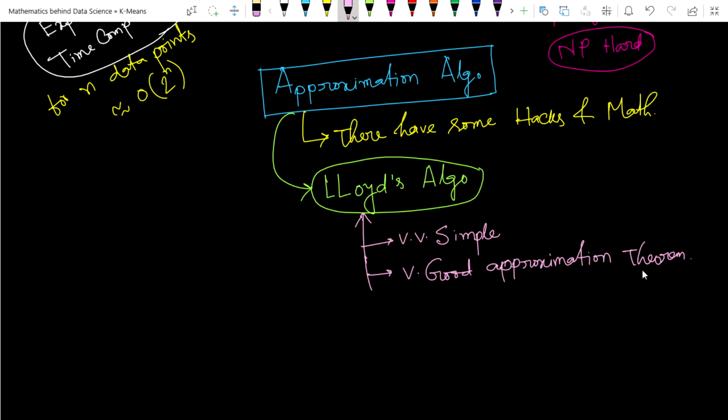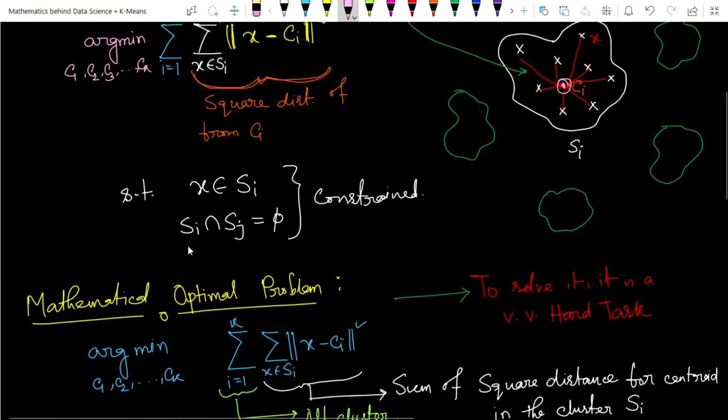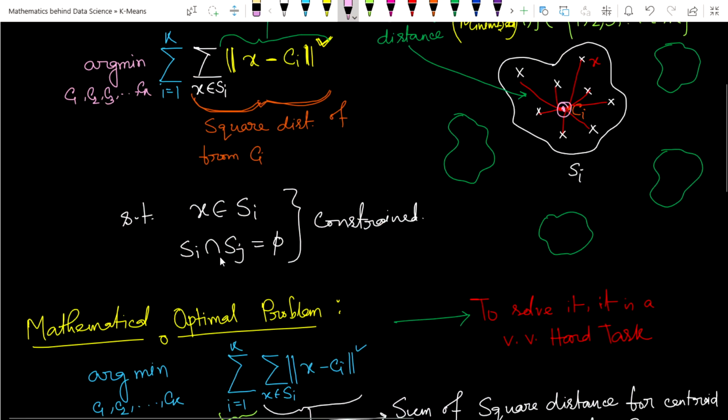It's a very good approximation. In the next lecture, we will see how to use Lloyd's algorithm to find the centroid of each cluster.